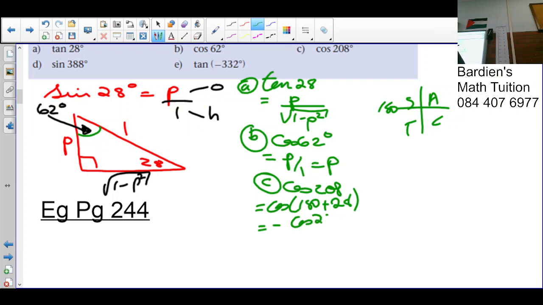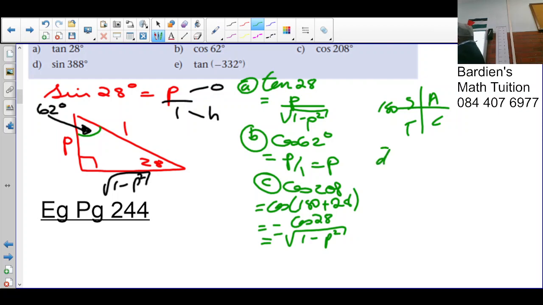Negative. So it's negative cos 28. Cos of 28 is adjacent over hypotenuse. So it's the square root of 1 minus P squared over 1, with the negative, which is negative the square root of 1 minus P squared. You all agree with that?